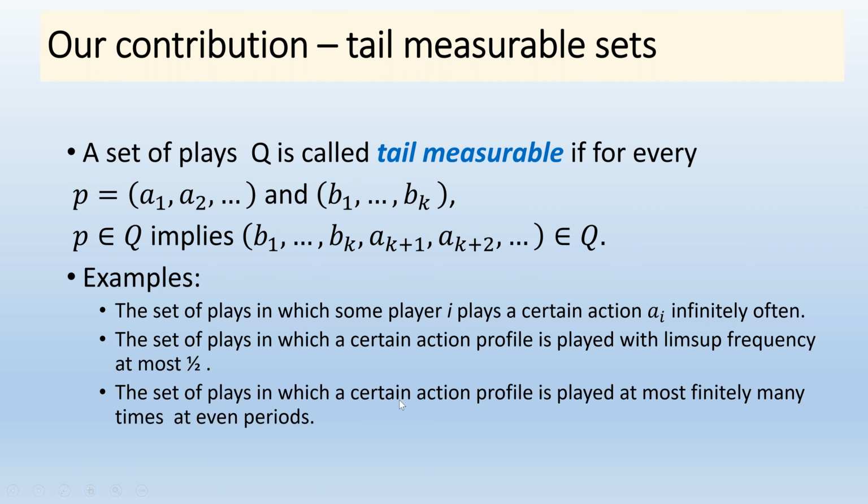The set of plays in which a certain action profile is played at most finitely many times at even periods without any specific condition on the odd periods. So you can see that this is not shift invariant. If we shift it by one, then we change the membership, because of the odd and even. So these are tail measurable sets, and tail measurable sets of plays form a sigma algebra that is different from the Borel sigma algebra.